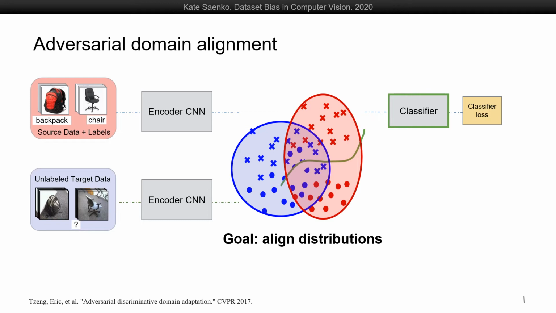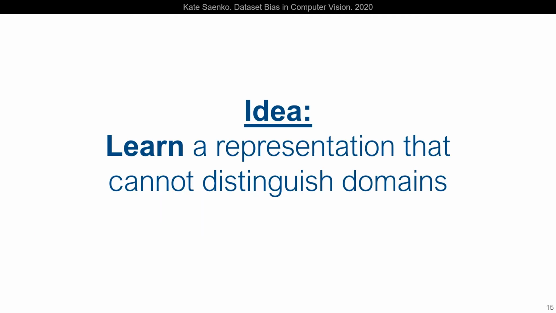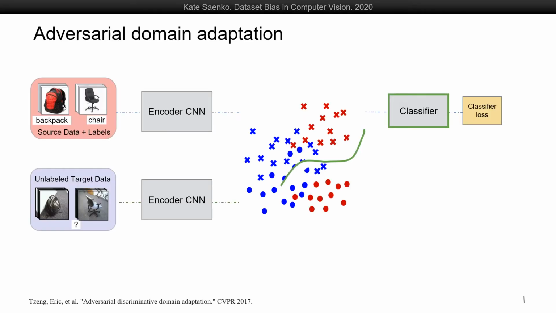Another way of looking at it is it's going to be removing features from the encoder CNN that have to do with specific domains. So it's learning a domain invariant representation rather than a domain specific representation. Okay, so that's the main idea behind it. It's to learn a representation that cannot distinguish the two domains. So how can we do that?